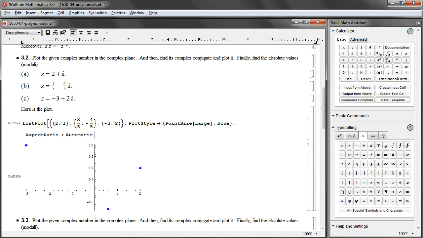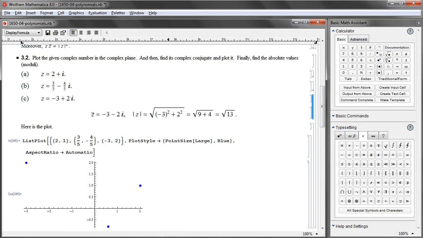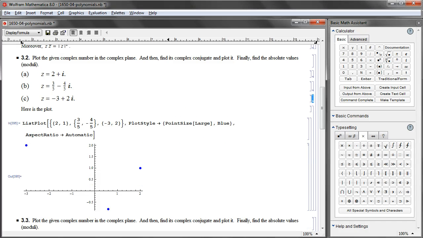What is the absolute value or the modulus? Square root of 3 squared plus 2 squared, which is square root of 13. We can calculate the absolute value of a complex number simply by this formula, square root of x squared plus y squared, algebraically. And geometrically, what does it mean? It means the distance from the origin.